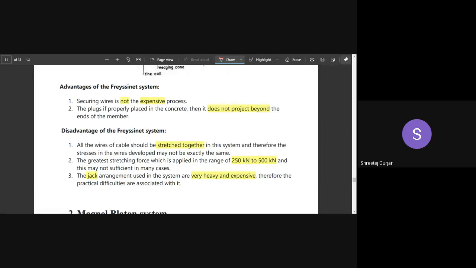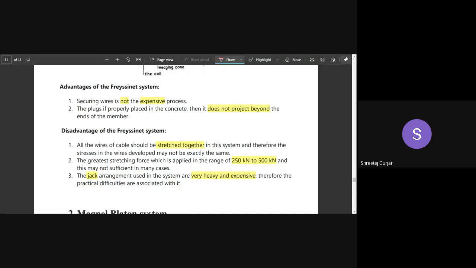Coming to your second disadvantage, the greatest stretching force which can be applied to your tendons is in the range of 200 kilonewton to 500 kilonewton. It is not stress, it is force. As we can see, it is not sufficient in many cases. The Fresnel system is very old; it is one of the first post-tensioning systems.